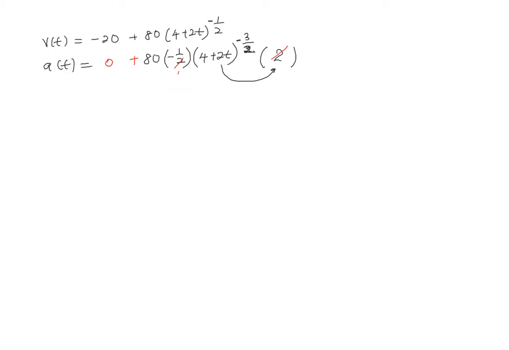So, I simplify. It will become negative 80 divided by (4 plus 2t) to the power of 3/2. Okay, so you see the acceleration is always negative.